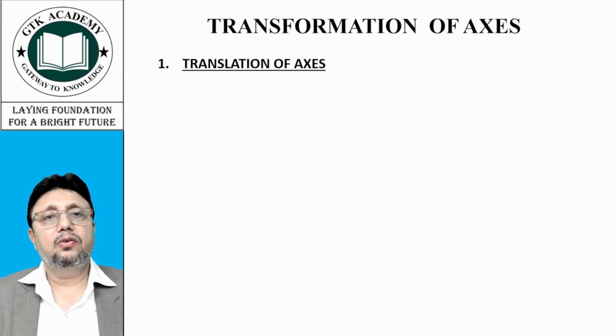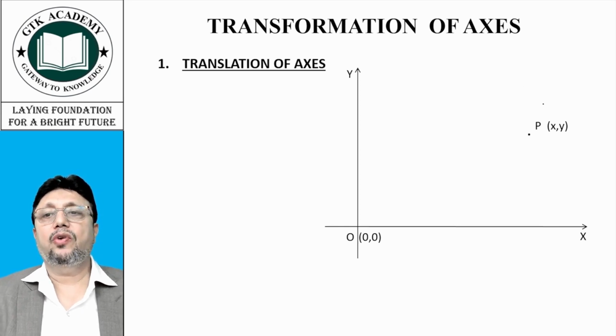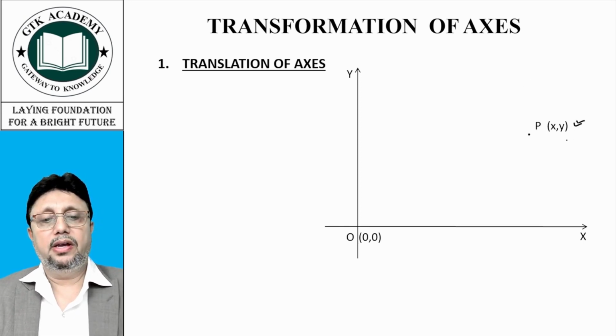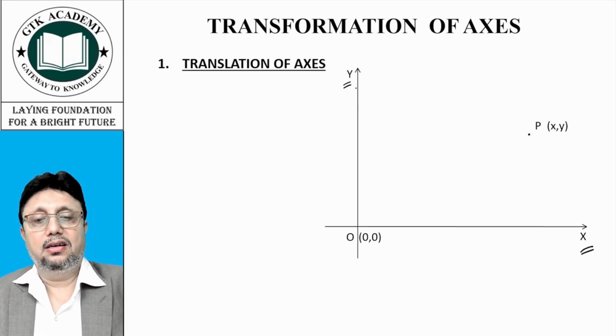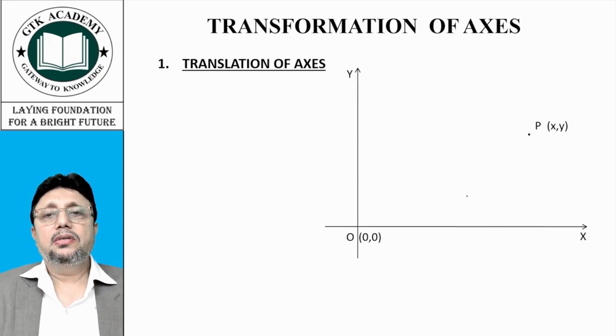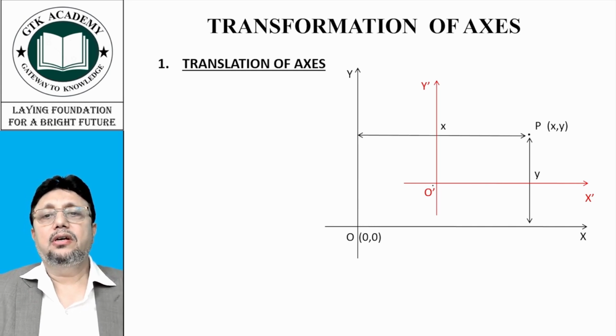Now what happens when axes are moved parallel to themselves, that is, in the case of translation? Suppose this is your x-axis and y-axis, and this is any point, the position of point P (x, y) with respect to our x and y. Now you do the translation. This is your x and this is your y. Say you shift the origin to O dash, that is (h, k).